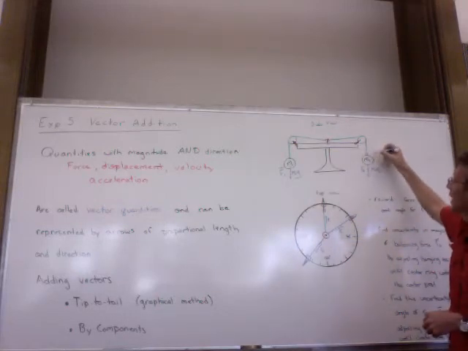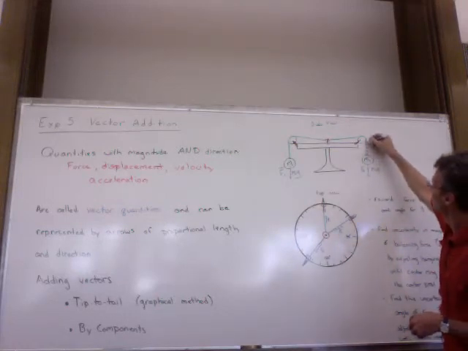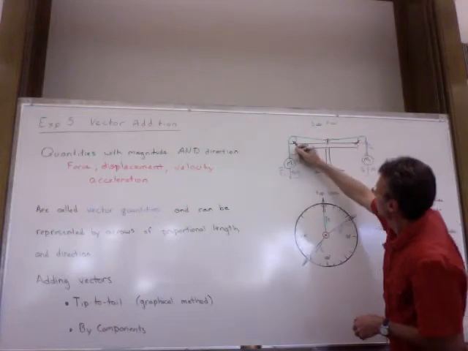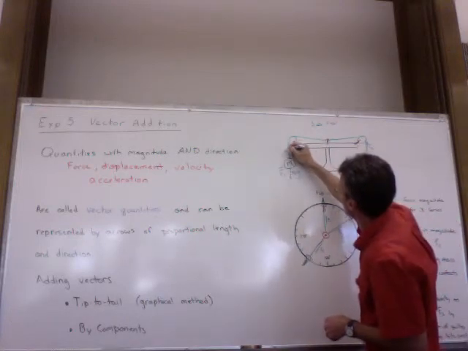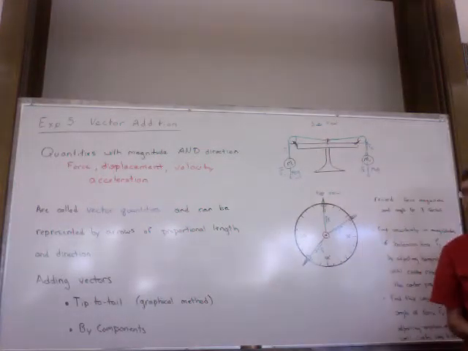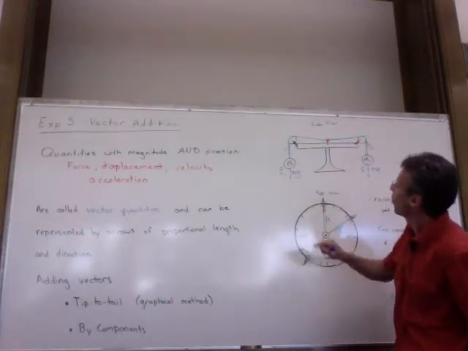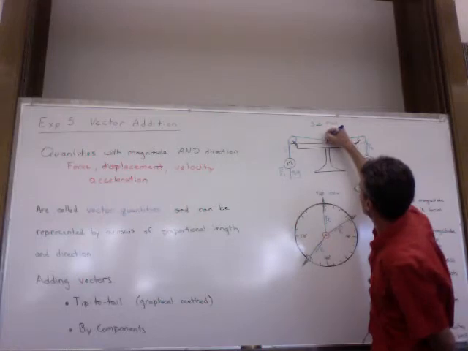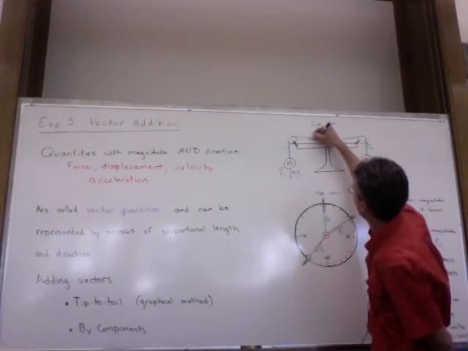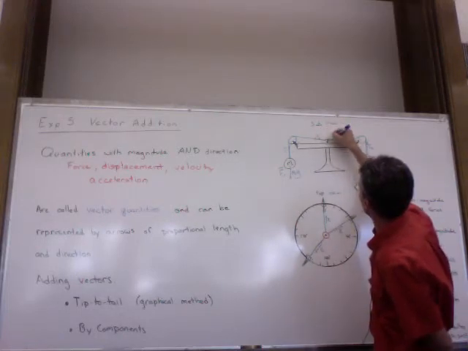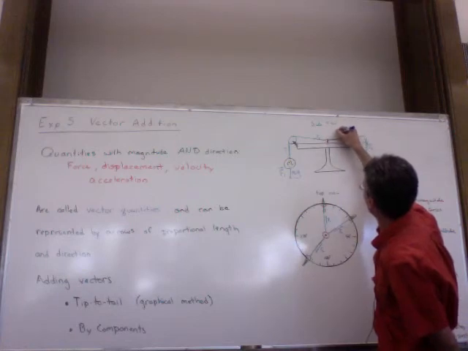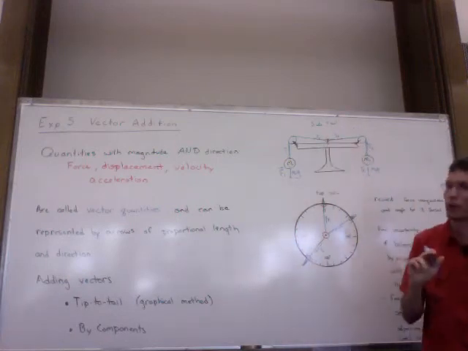And that force pulling down, because the system's in equilibrium, means there must be a tension in the string to oppose it. And an ideal pulley only changes the direction of the string, but not the tension in it. So we have the same tension over here pulling on the ring.